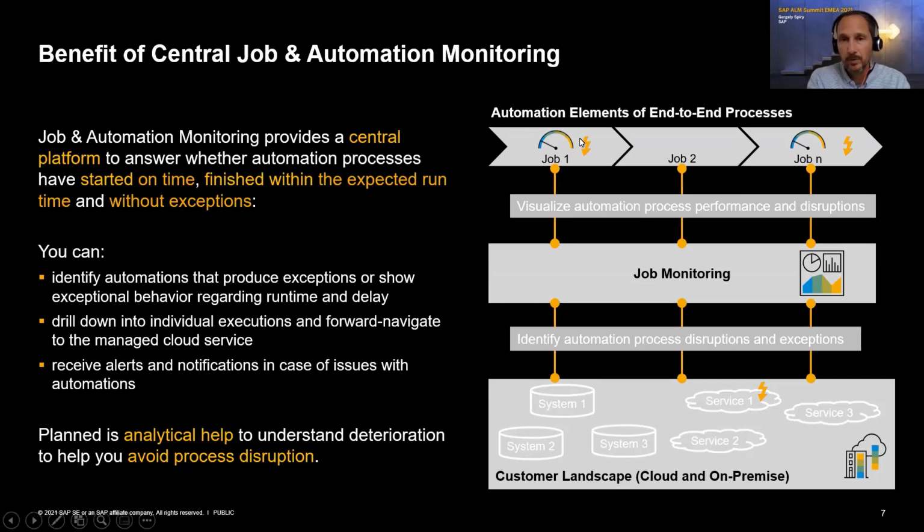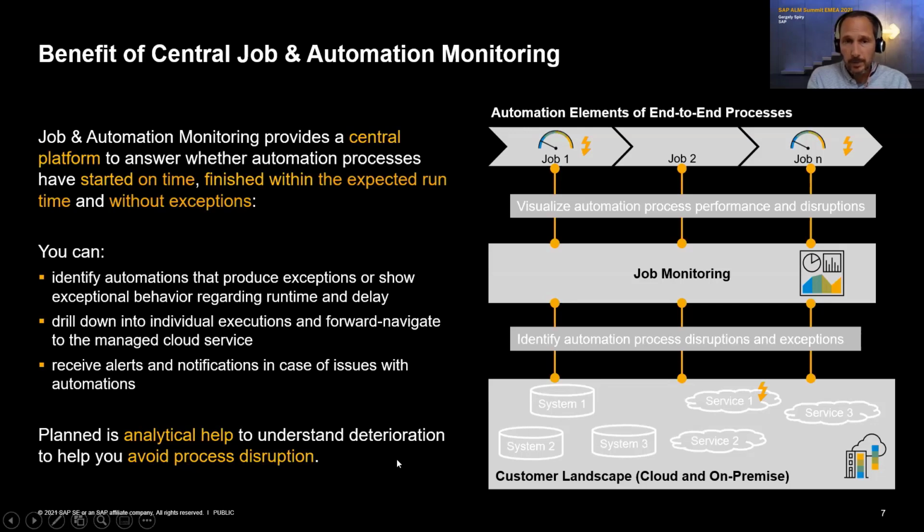From the central tool, you can then directly navigate to the executing system service in order to do more deep analysis, error resolution, and so on. So this is the principle. We pull data, we display data, but we also show the path back to the source system to continue your work.